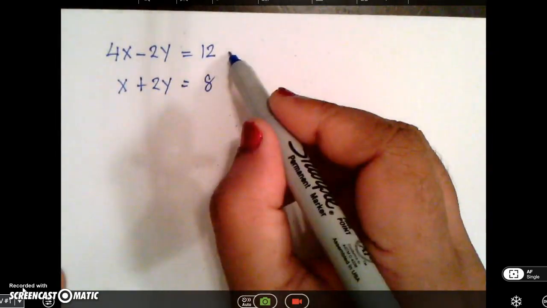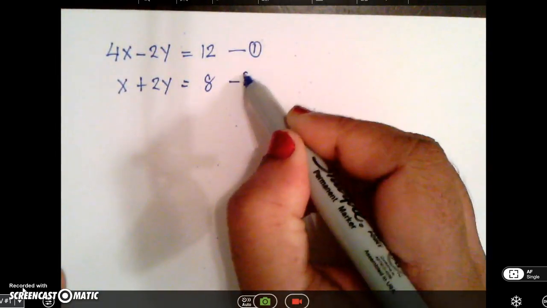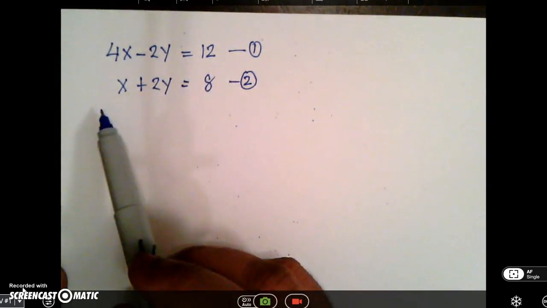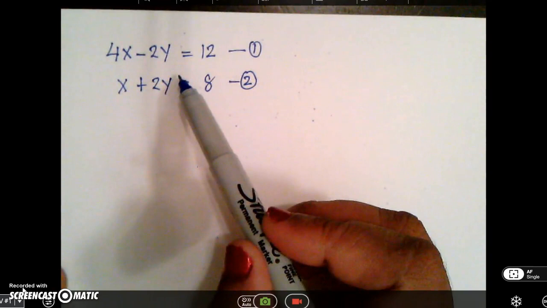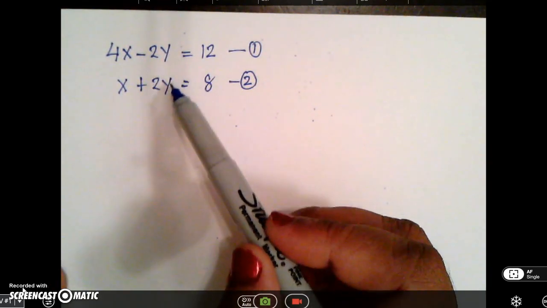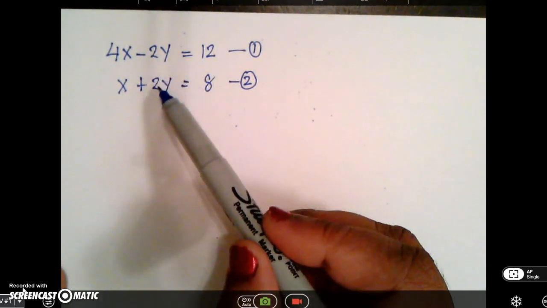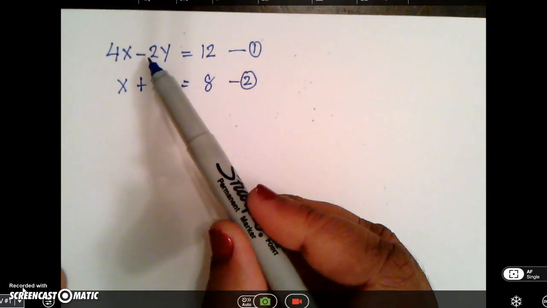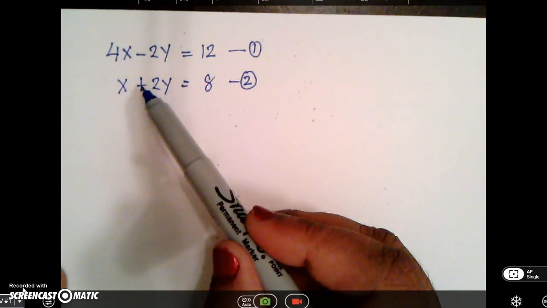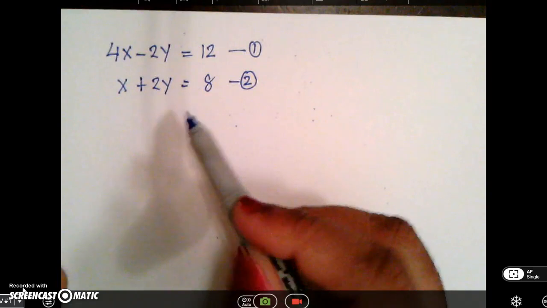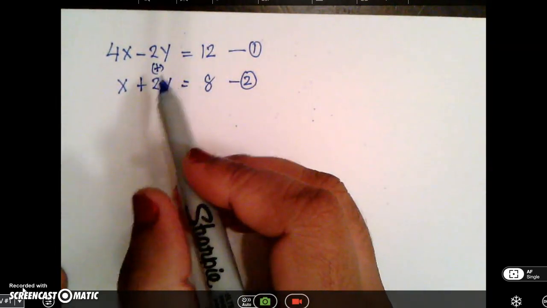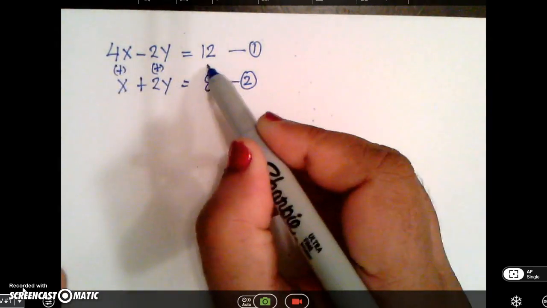So I have equation 1 and equation 2. As you can see, the y variable seems promising because the coefficient of y is 2 and 2, but the signs are opposite to each other. That's a negative and that's a positive. So two opposite numbers, if I add them, it's going to eliminate that.